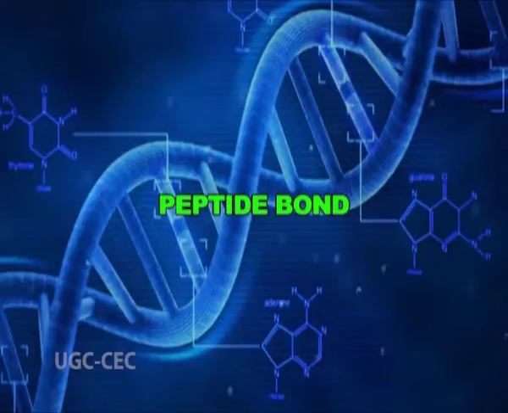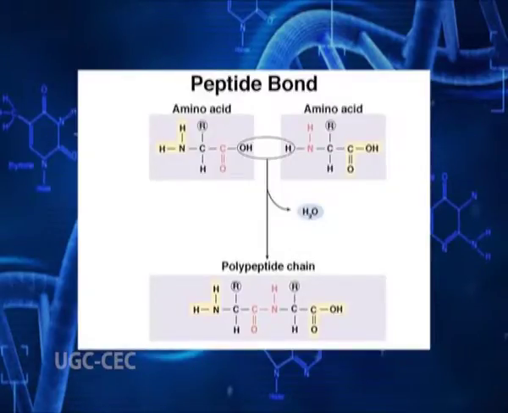Peptide bond. A peptide bond is a chemical bond formed between two molecules when the carboxylic group of one molecule reacts with the amino group of the other molecule, releasing a molecule of water H2O.